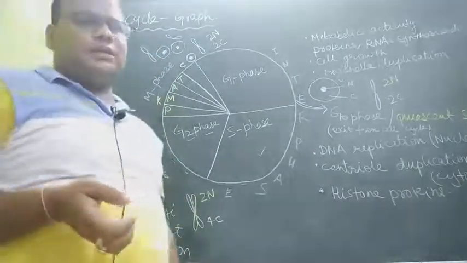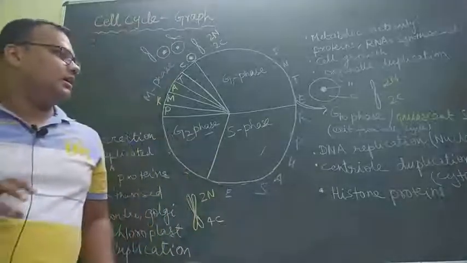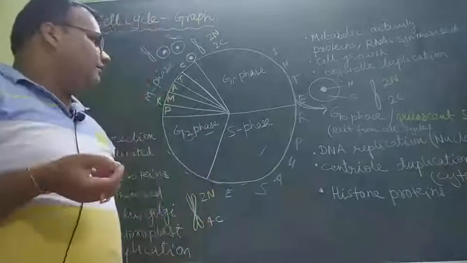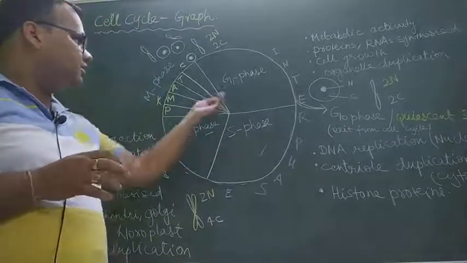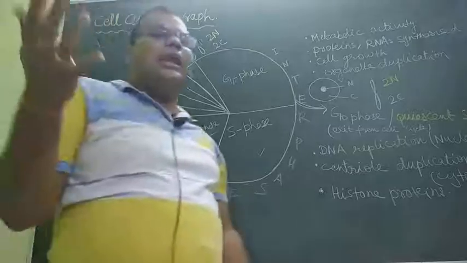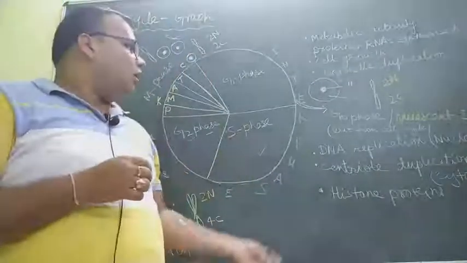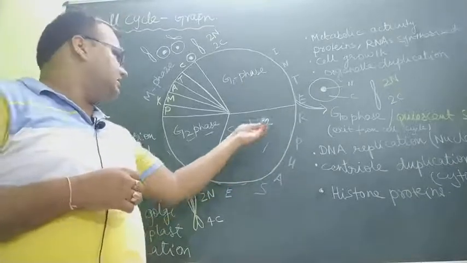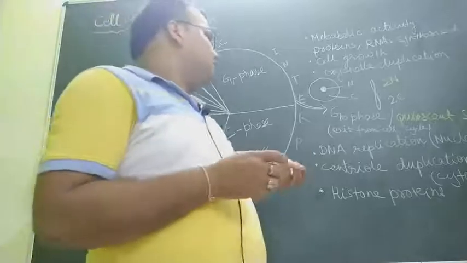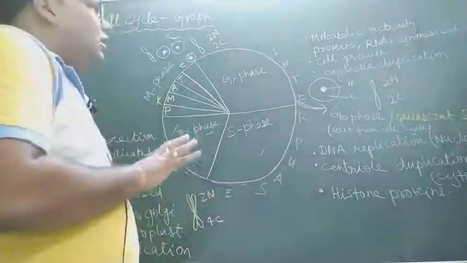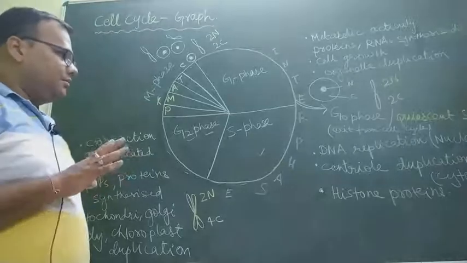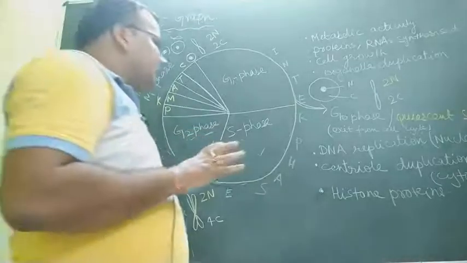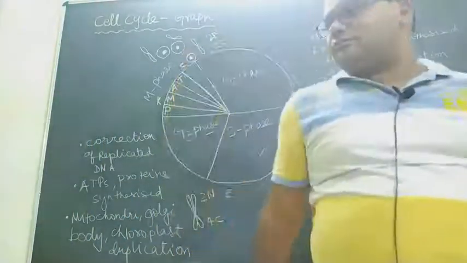And this year in NEET examination this question was asked, what is the timing of G0 phase, after which phase it comes. So the answer will be after G1 phase the cell may enter into G0 phase, or it can enter into division phase or cyclic cell cycle. So this is a very important concept. So these are the basic and fundamental ideas about cell cycle in graphical representation.